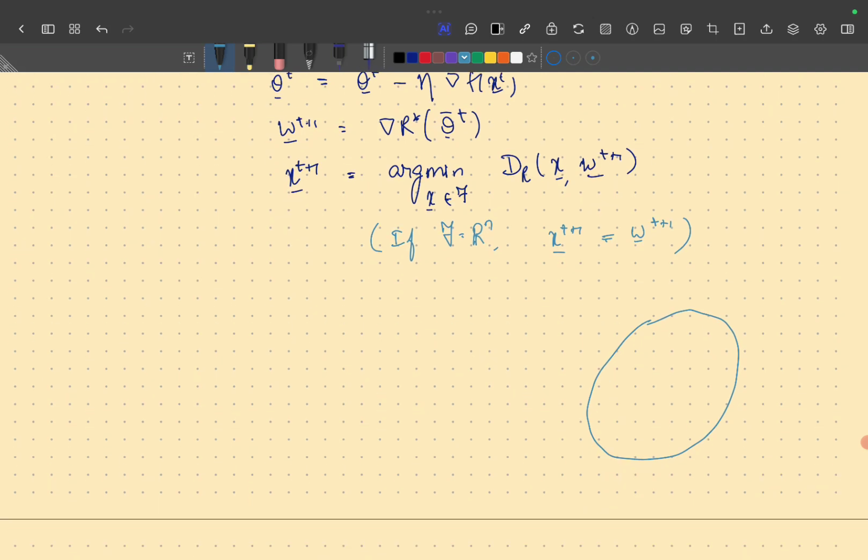This is the so-called primal space. This primal and dual that I'm going to talk about has nothing to do with the primal and dual spaces defined by Lagrange duality. This is a completely different notion of duality. So this is where xt lies.